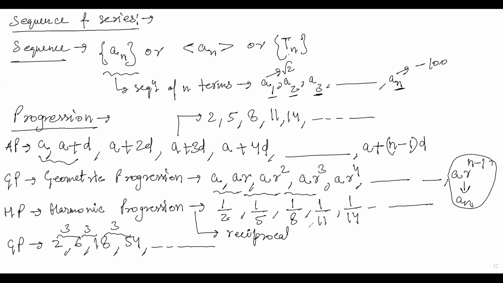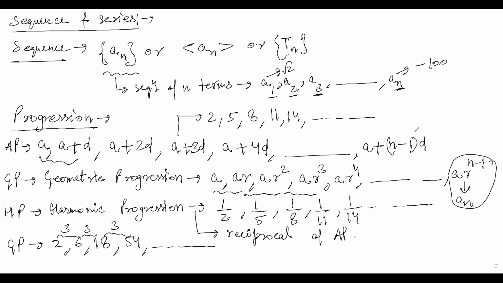That is how this progression process works, the reciprocal of AP, right? So that is how these progressions are designed, and these are the concepts. If you ask about AP, then there will be a constant difference between any two consecutive terms.